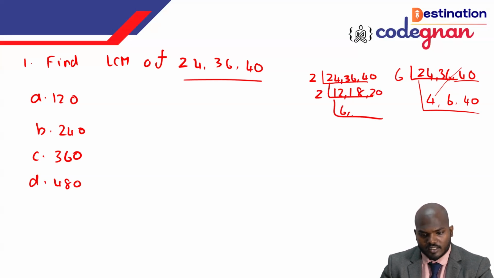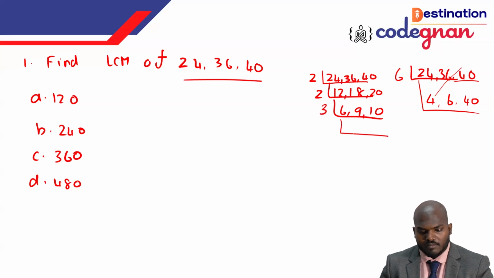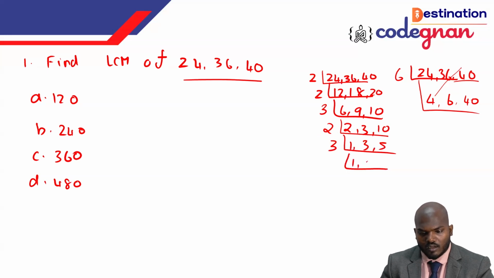Again with 2: 6, 9 and 10. Then I'll go with 3 because I have something here: 2 becomes 3, and 3 and 5 remain the same. Going with 1 and 2 again, it becomes 1, 3 and 5. With 3 again: 1, 1, 5. With 5, all the values become 1.